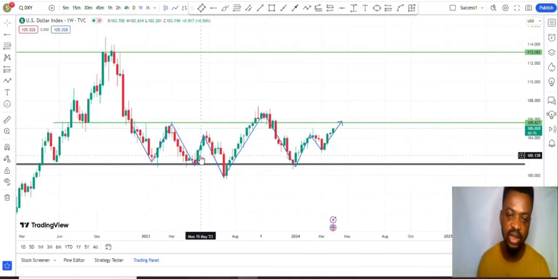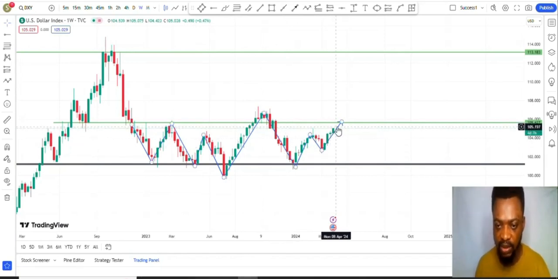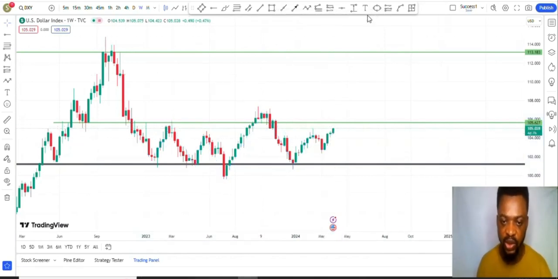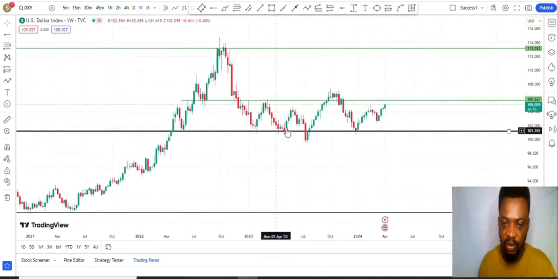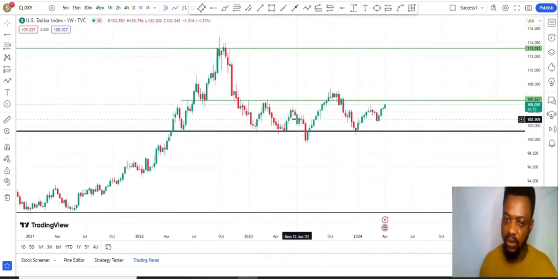It has just been a range, a sideways movement, because the wave is not consistent. You cannot say it's higher highs, higher lows, or lower highs and lower lows. We're not having those consistent flows on the XY on this structure, so this is just a range.